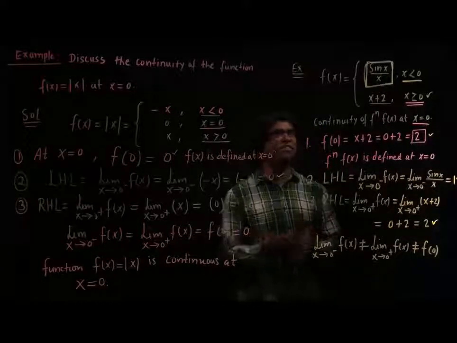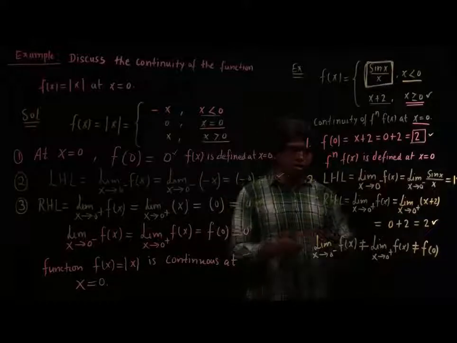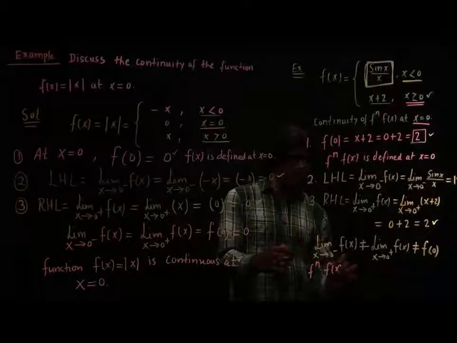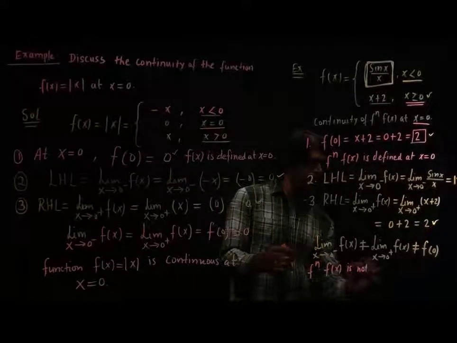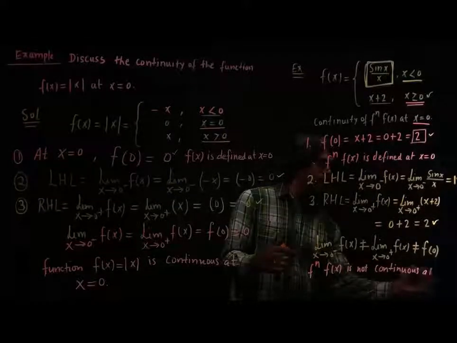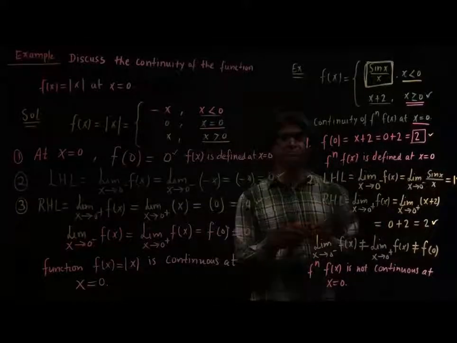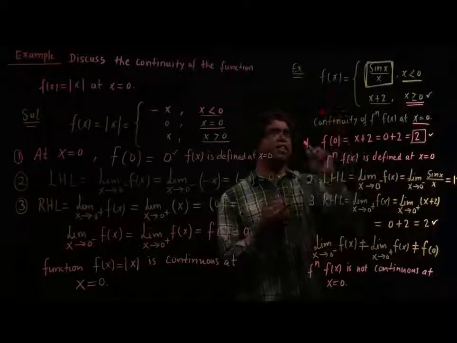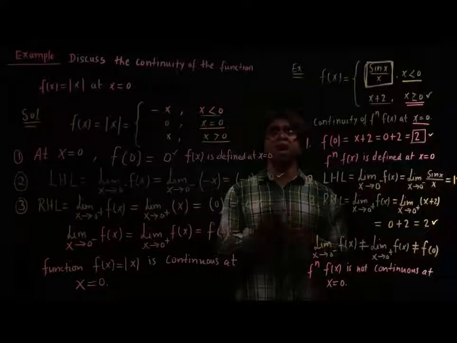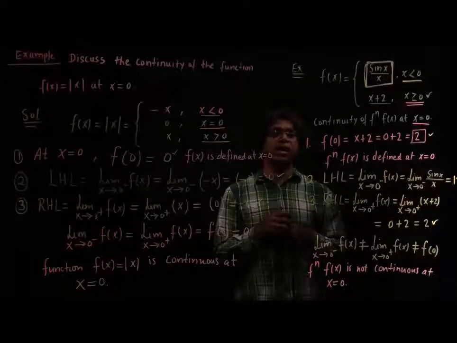So basically we can say that function f(x) is not continuous at x equals 0, right? So the continuity of the function f(x) is not defined at x equals 0. And this is how we will define if the given function is continuous at any given point or not.